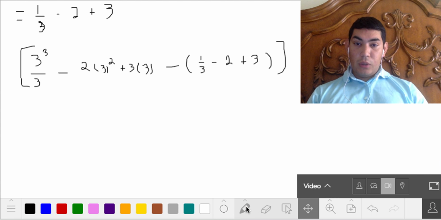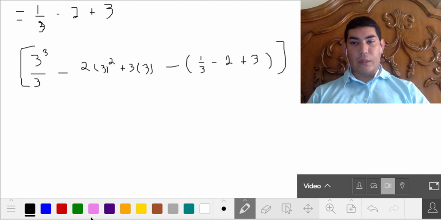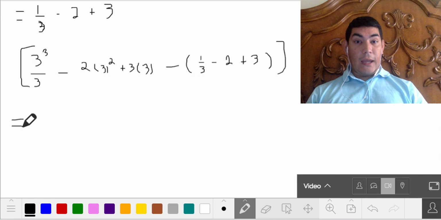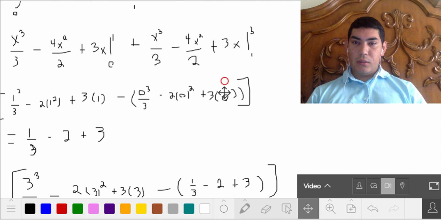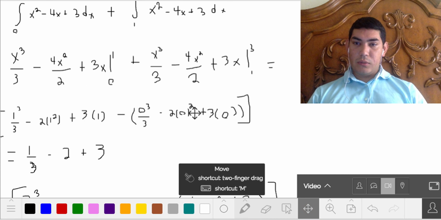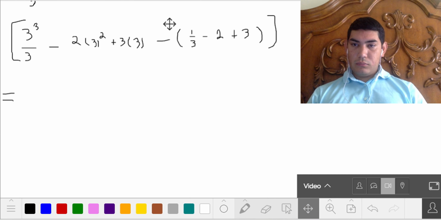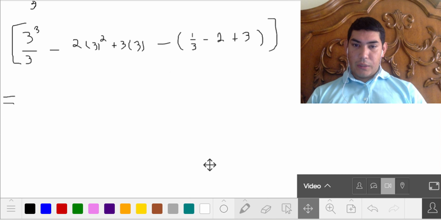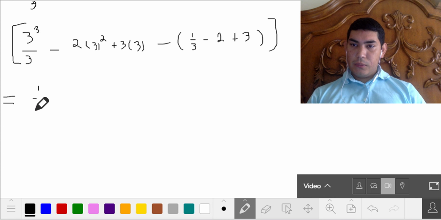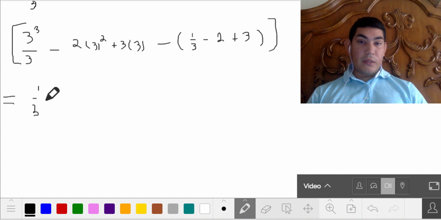I'm going to start writing the whole solution now. That's going to be equal to 1/3, negative 2 plus 3 is just 1, so I'm going to write plus 1.